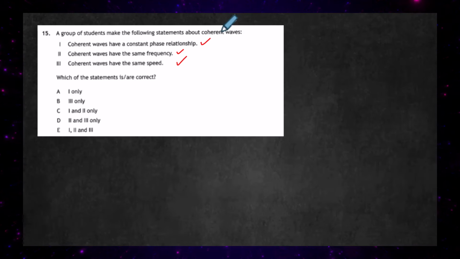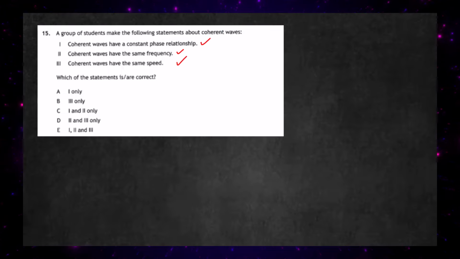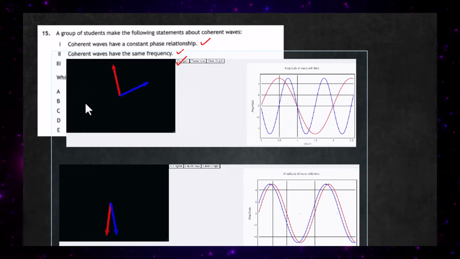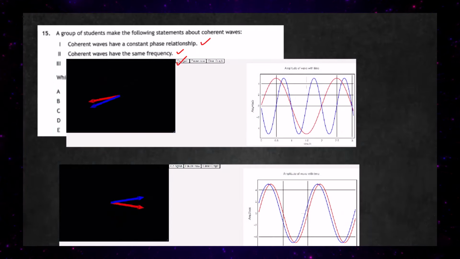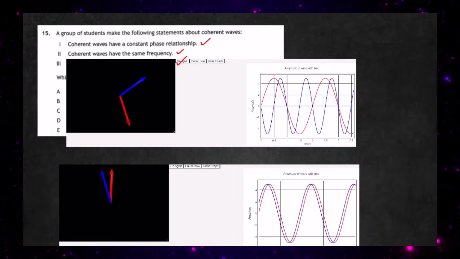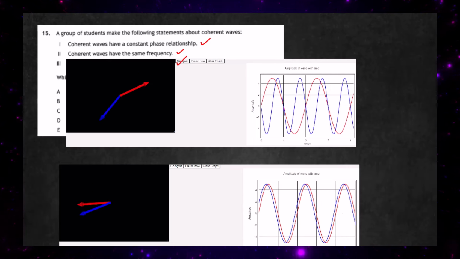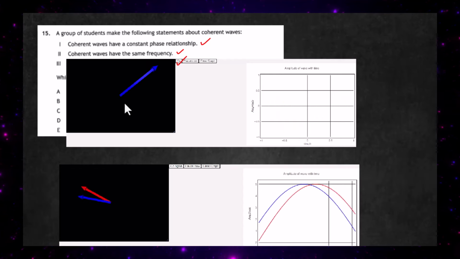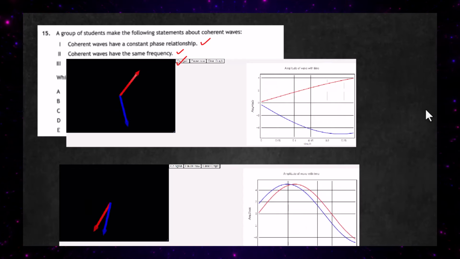That's always a kind of harder one to explain, because people don't really understand what constant phase relationship means. And the best way to describe that is to look at the hands of a clock. So if I bring in these two simulations here, you can see that the top one is out of phase. Those two hands are out of phase because one hand, the red hand, is being caught up with the blue hand.